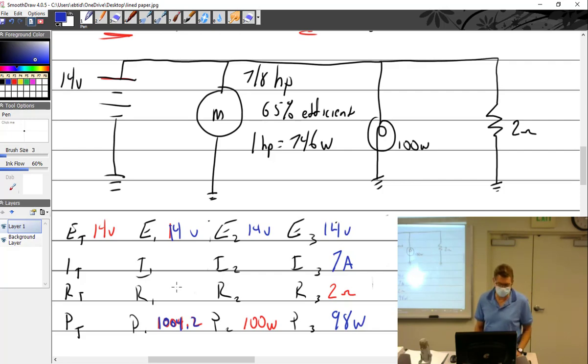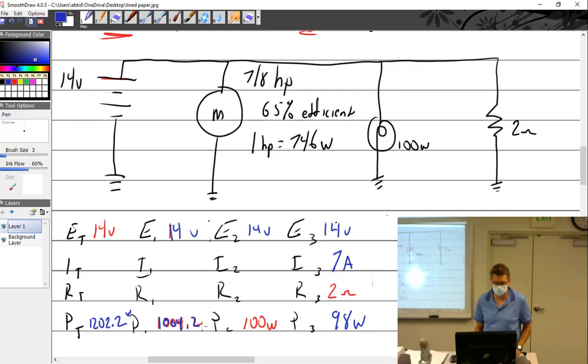Now what can I solve for? Power total. Power total is P1 plus P2 plus P3. So what is my power total? 1202.2 watts.